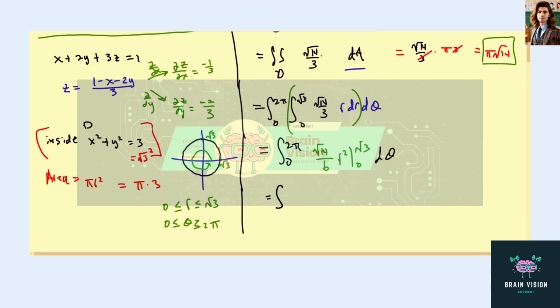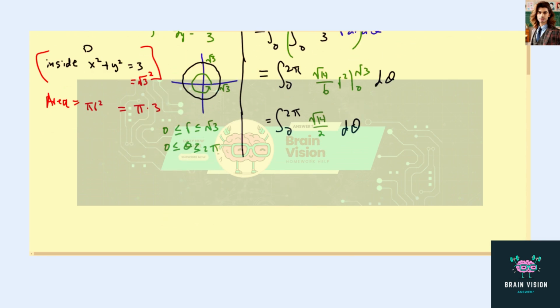So this is going to be the integral from 0 to 2 pi of root 14 over 2 d theta. If we evaluate just a constant from 0 to any number, we just multiply by the upper bound. So this is root 14 over 2 times 2 pi, the 2's cancel out, and you can see we get the same thing, just doing it a little bit more rigorously.